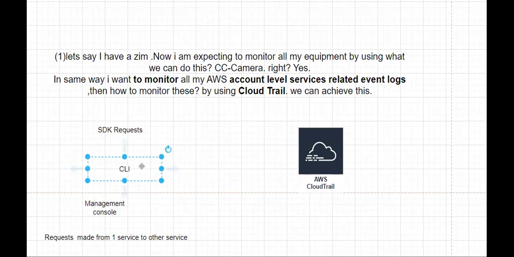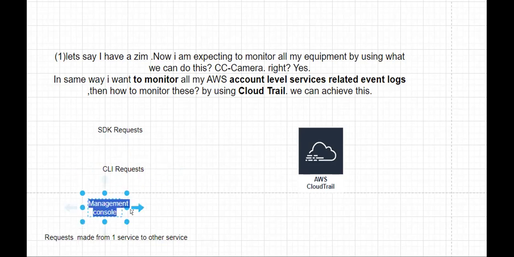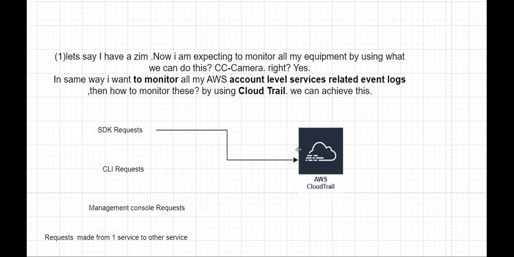How many CLI related requests do I get? That also I need to monitor. And I also want to monitor the management console related logs. So by using AWS CloudTrail, can I monitor all the request related logs which are coming from all these?